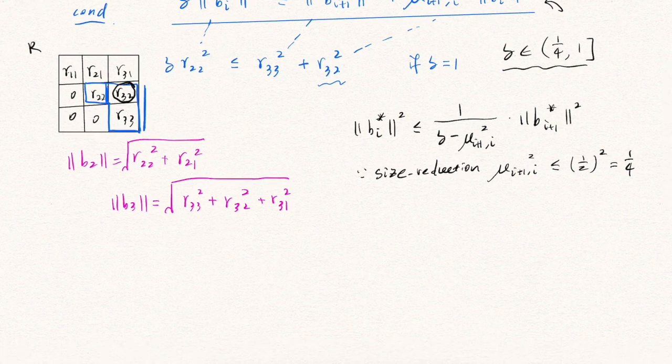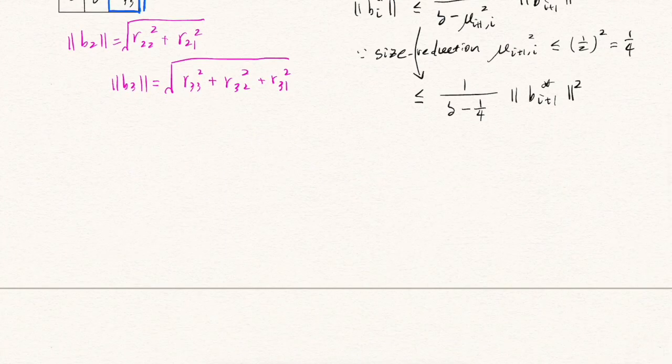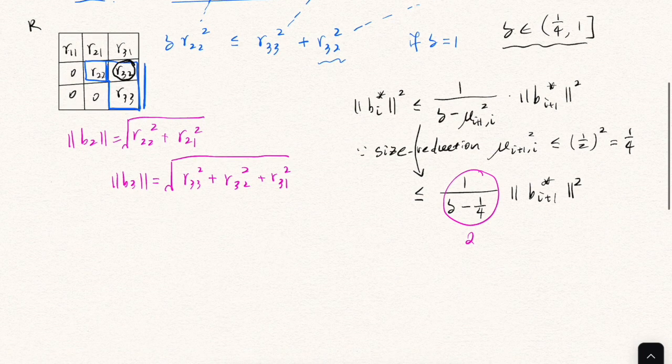Okay, so if we were to expand this further, we know that this is going to be smaller than this expression, and we just map this term into another term called alpha, for convenience's sake. Okay, so essentially we can interpret the Lovász condition as the following statement. Basically, this is smaller than alpha.